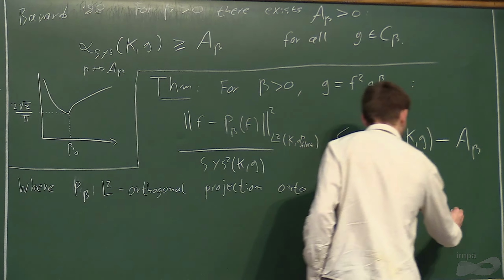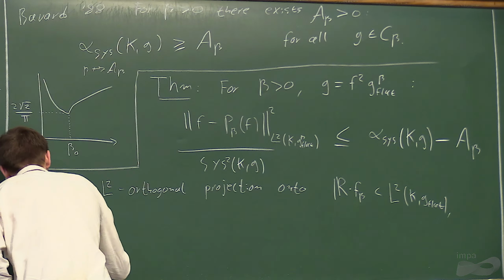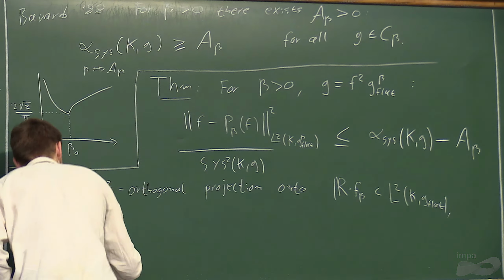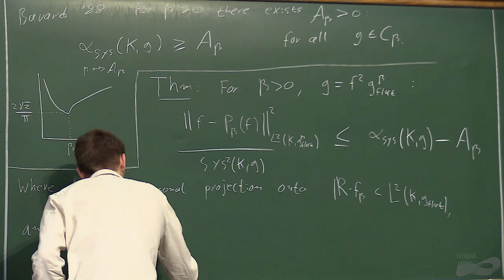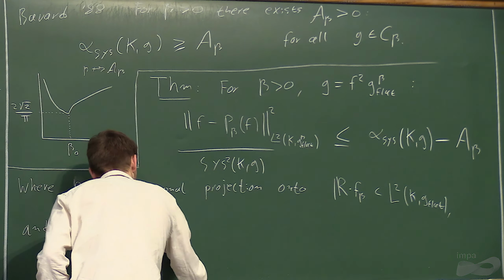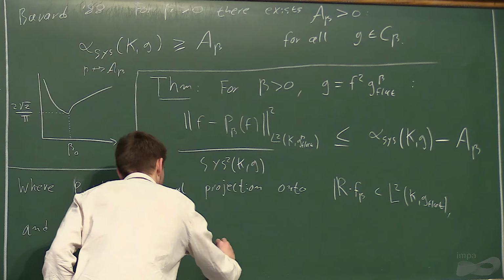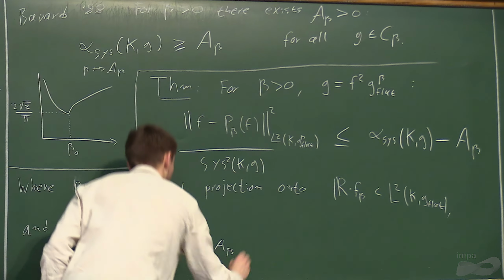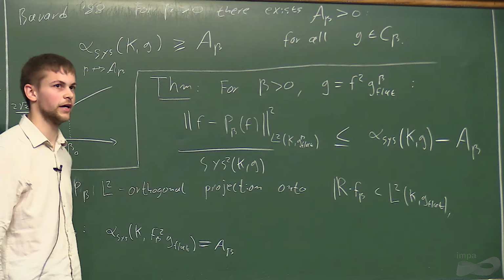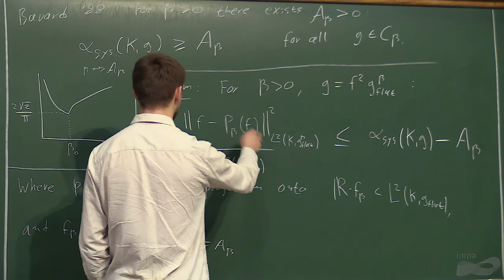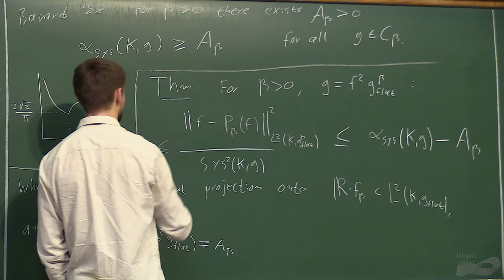And f beta satisfies that the systolic area of K and f beta squared G flat equals A beta. So now if we look at what you have here, this thing of course is always greater than or equal to 0.